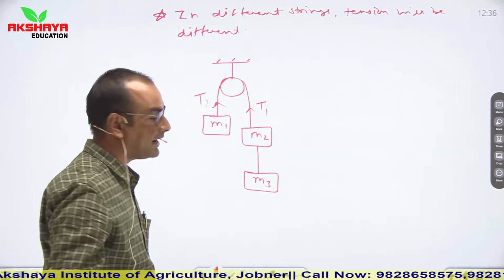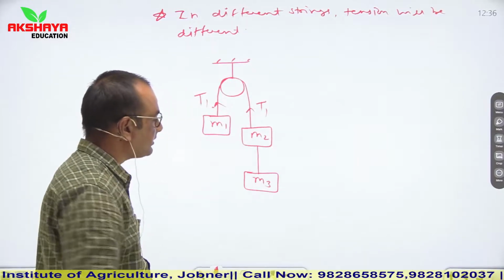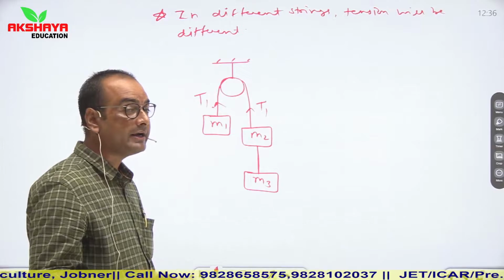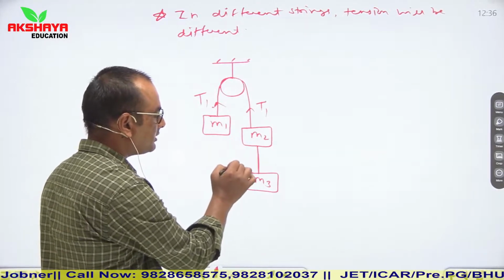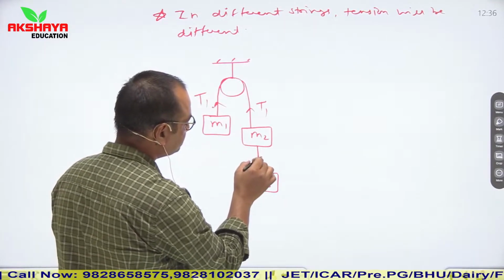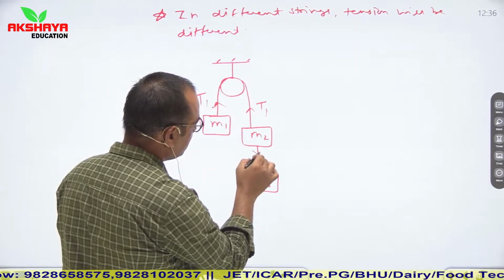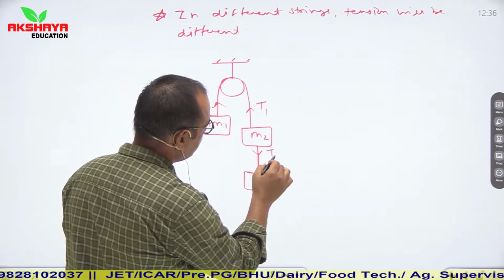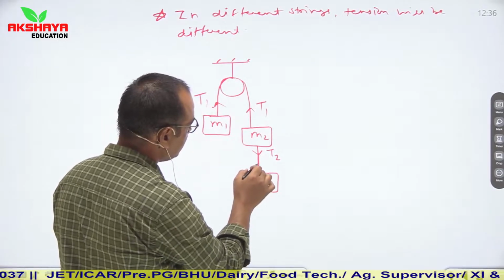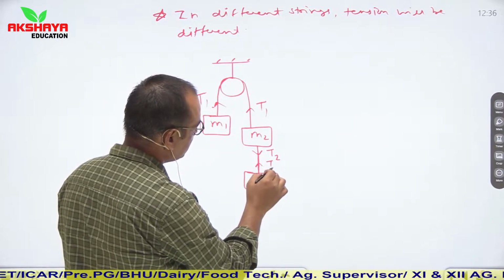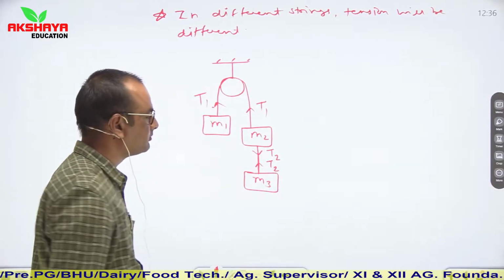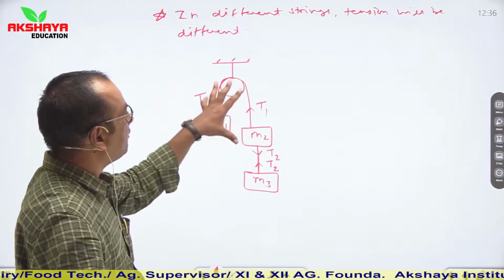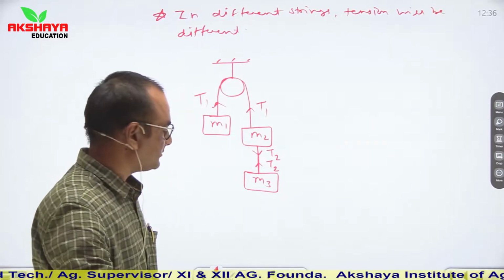But in case of m2 and m3, this string will experience a different tension. Away from this, let us say this is T2, and away from this, again T2. So this is the pattern of finding tension in any object.